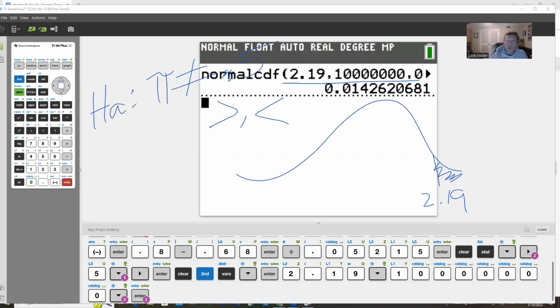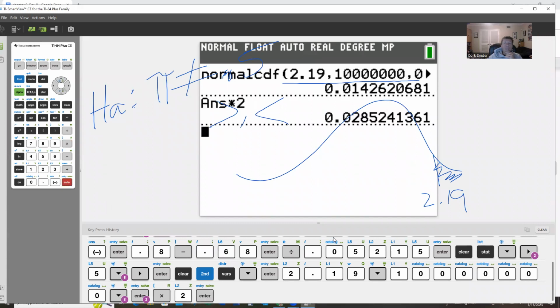That is a two-sided test. In a two-sided test, what you do is you take your test statistic, 2.19, and calculate it, and we got 0.0143. Then you have to double it to take it from one side to two side. So it's pretty obvious what to do. I'm going to multiply this times 2. Well, that's going to make that p-value much, much bigger.